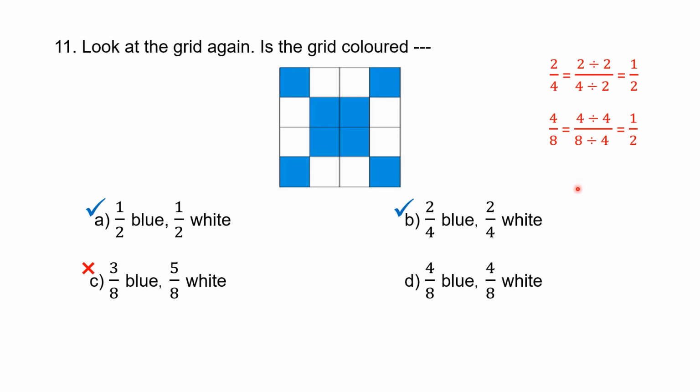That is 4 by 8 equals 1 by 2. So 1 by 2 blue and 1 by 2 white. So the option D is also correct. So out of 4 options, A, B, D are correct. Only the C option is wrong.